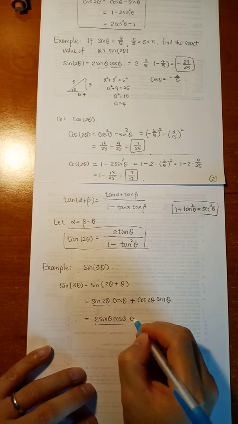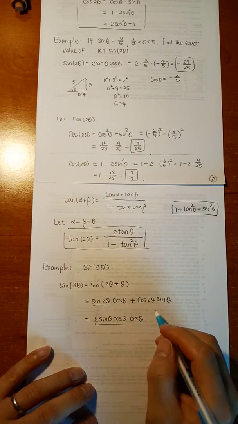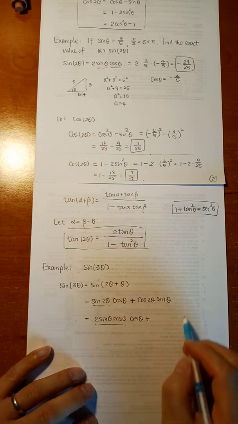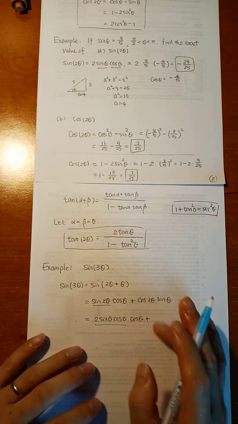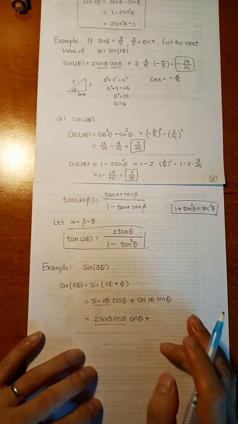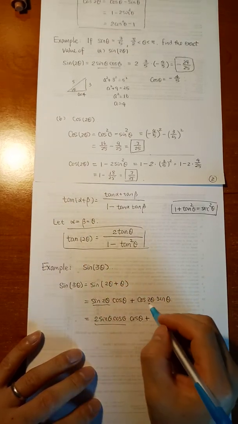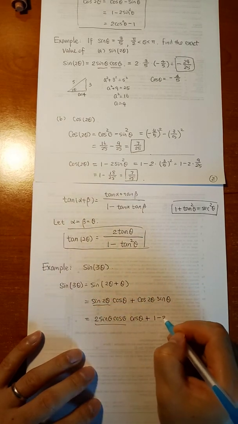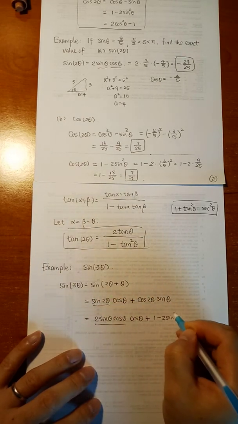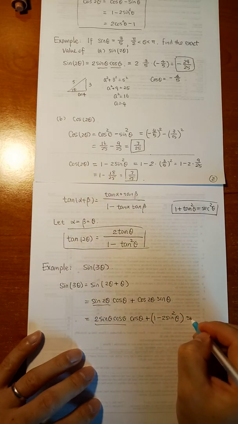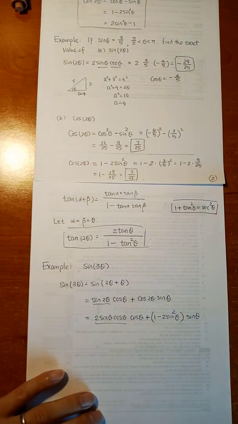This is sine 2 theta, times cosine theta. Cosine 2 theta, if you don't have any requirement, you can select any formula. But if you want to use only sine to represent sine 3 theta, I'm going to write cosine 2 theta as 1 minus 2 sine theta squared, and then times sine theta.